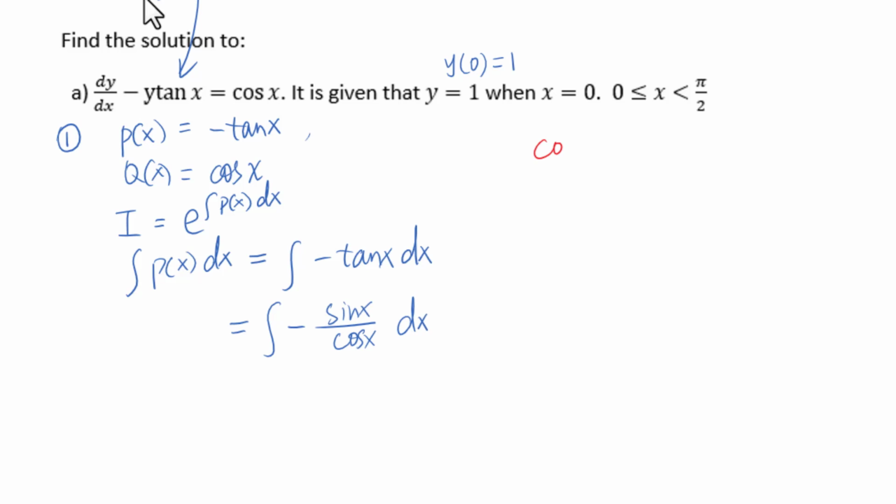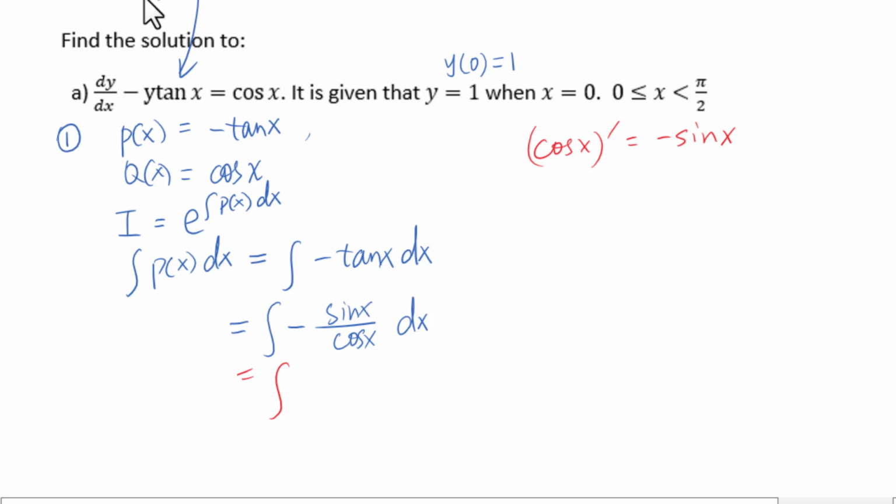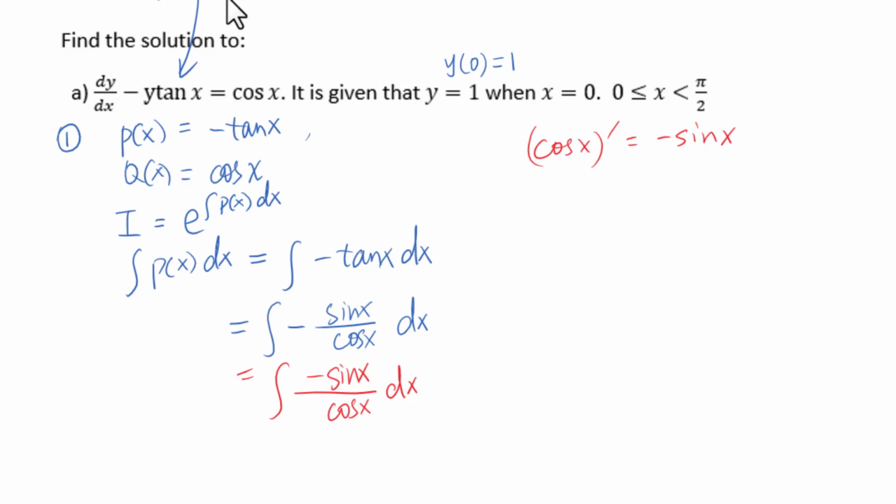Since the derivative of cosine x is negative sine x, we can use a special formula: the integral of f prime of x over f of x dx equals natural log of the absolute value of f of x plus c.